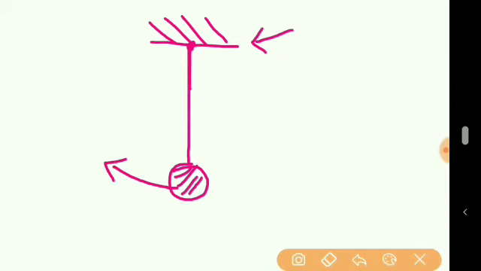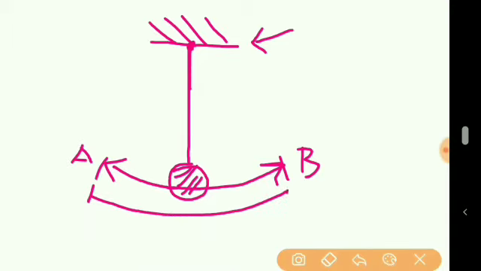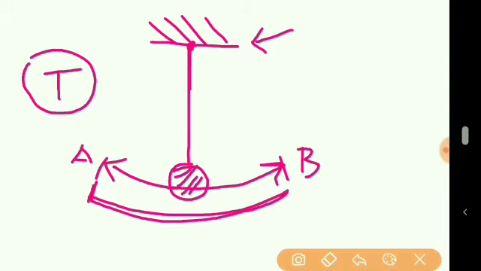Then it will start its oscillations. It will oscillate from point A to point B, and during this oscillation, suppose it moves from point A to B and then once again back to point A, then the time taken for this one oscillation is called the periodic time T. So here in this example, we want to estimate or measure the periodic time.